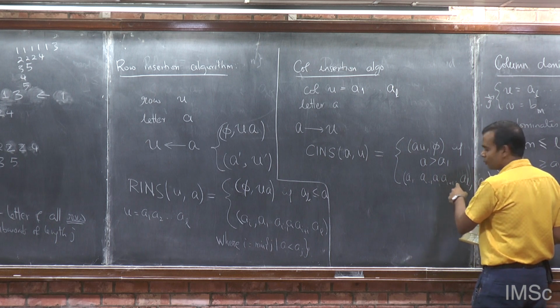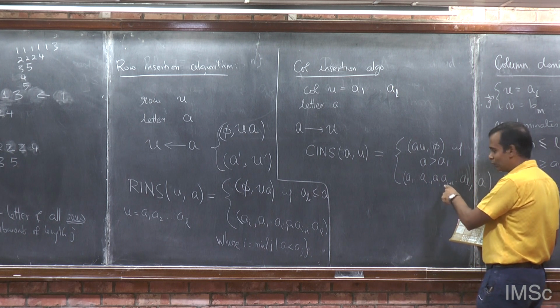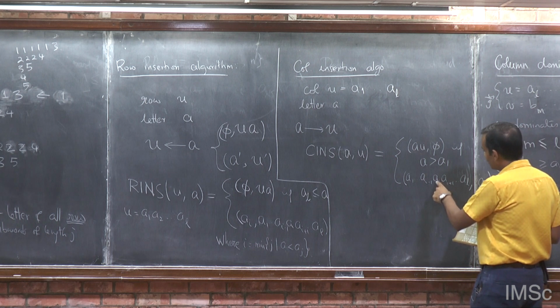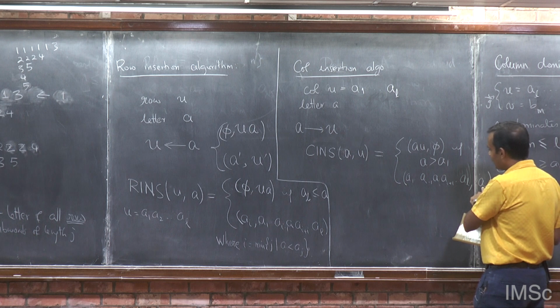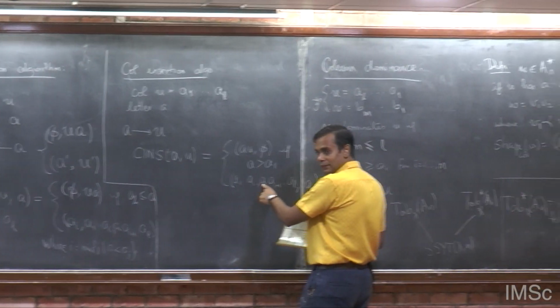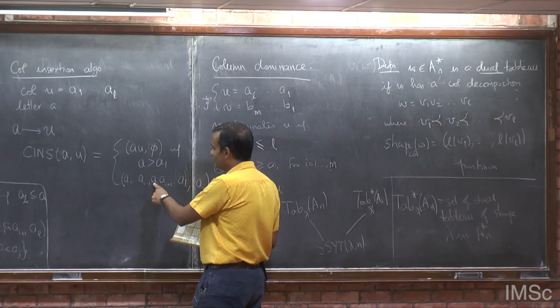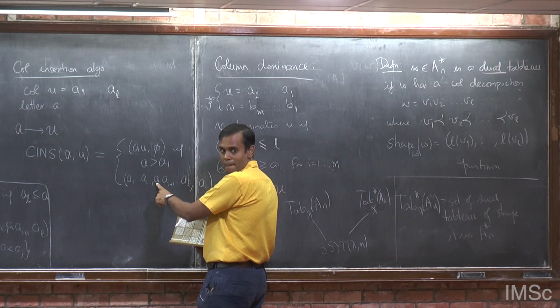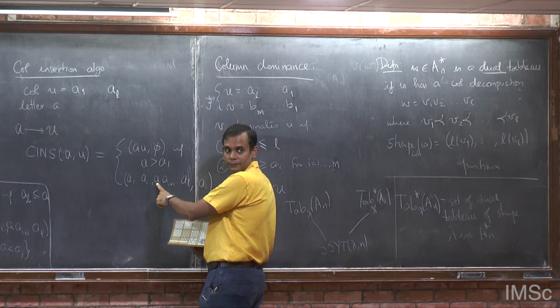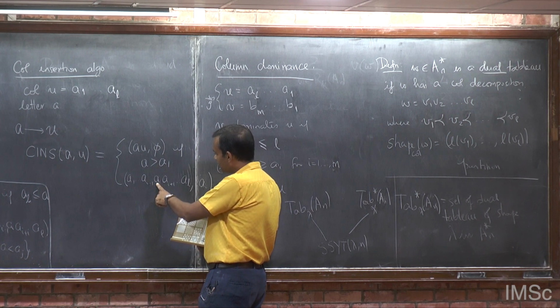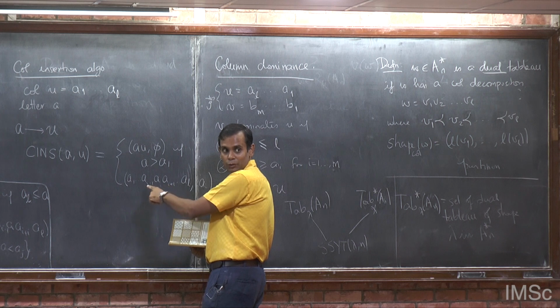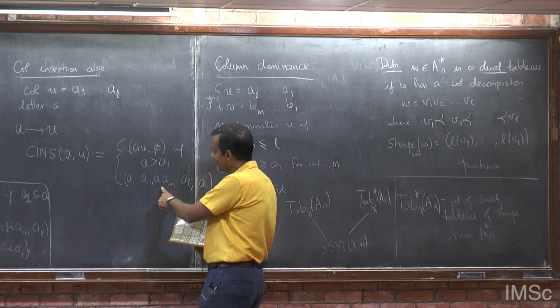I want this to be a column, right. So I want the letter which I am throwing out to be the last letter that is greater than or equal to A. Because even if it is equal to A, I cannot put A to the right of that letter, because it won't be strictly decreasing, right.